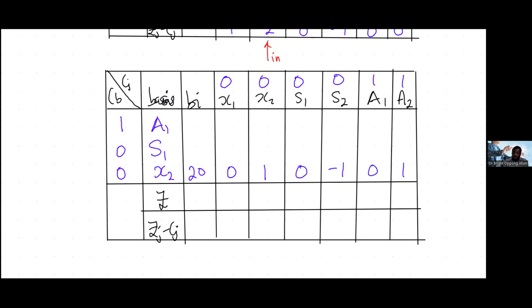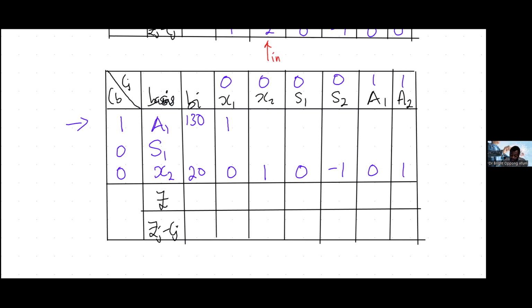So now we calculate for the 150, that's the first constraint here, right? The initial value was 150, the old value is 20 and the pivot number is 1, right? So when you compute it will be 150 minus 20 times 1, which is 130.